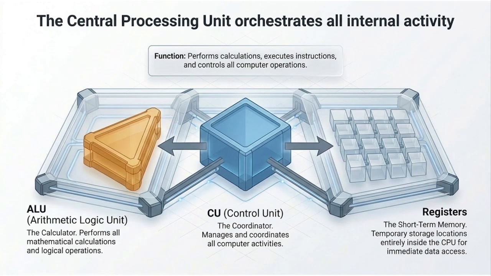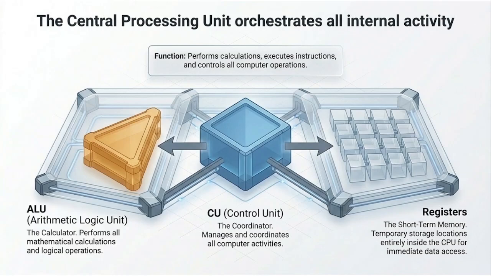Now let's look at the central processing unit. The CPU is the brain of the computer. It performs all calculations and controls all operations of the computer. It has three main parts. It has the arithmetic logic unit, which is a unit which performs calculations.